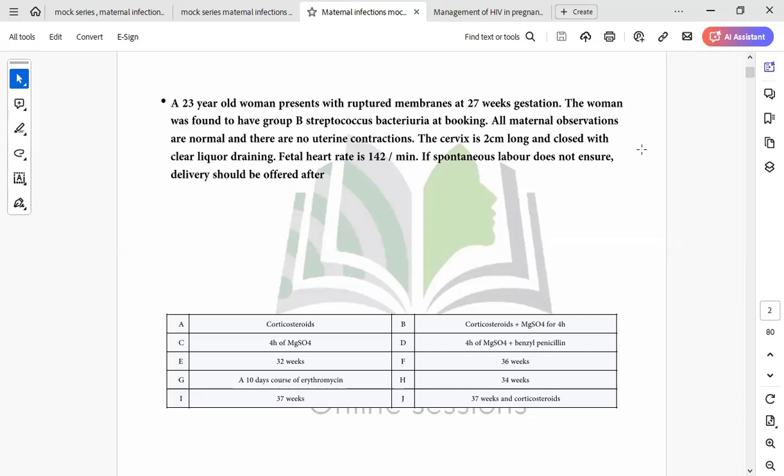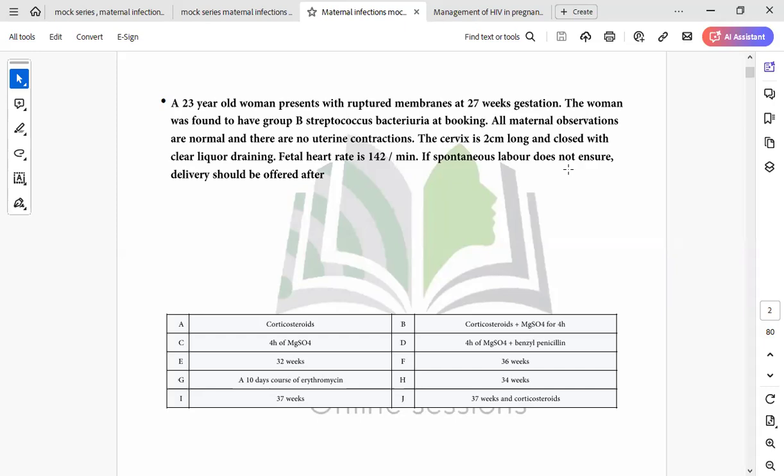Okay, I'm having different answers. Okay, if I'm having this question with multiple options, I would give this woman the erythromycin. Okay, I would give her corticosteroids, and I would wait.